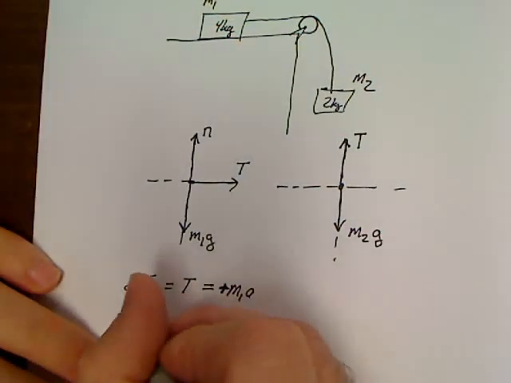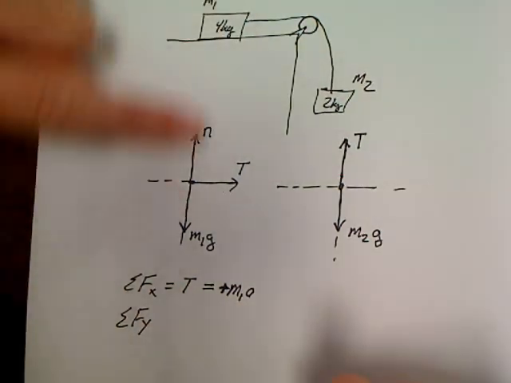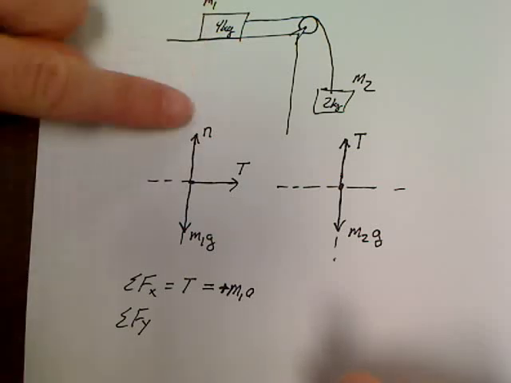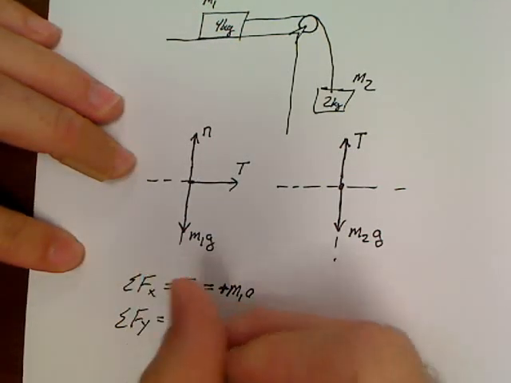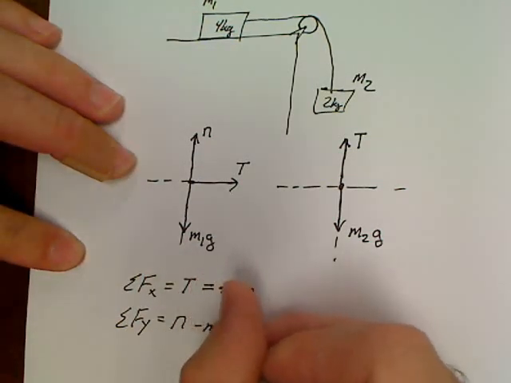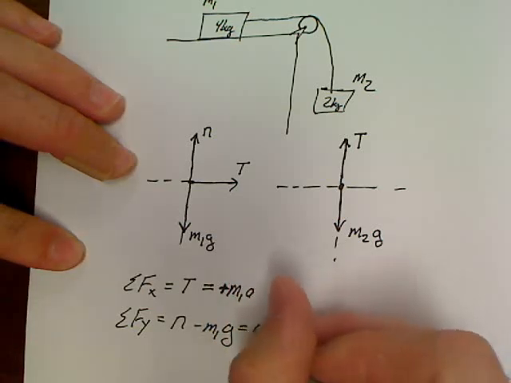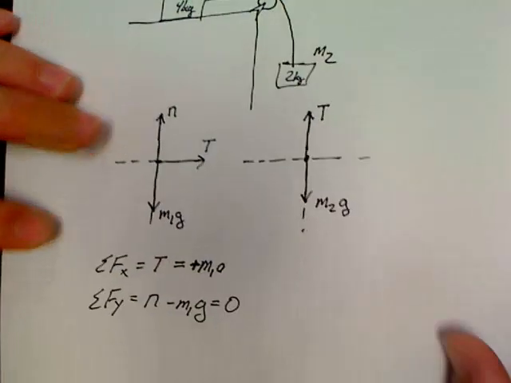Sum of the forces Y: there is no movement in the Y direction, no acceleration, so N minus M1G equals 0 for your Y components on this one.